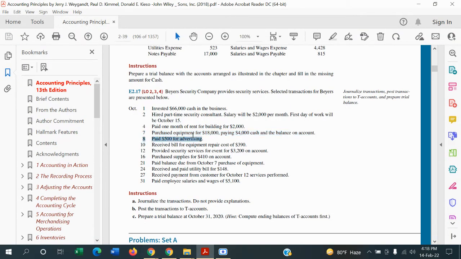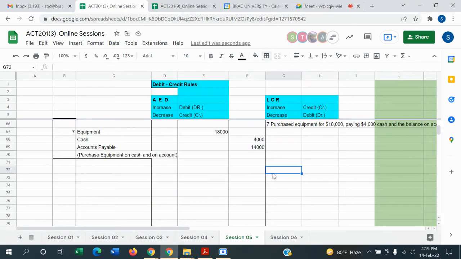Next one: paid 500 for advertising. Advertising and cash. Advertising is an expense. Cash is an asset. Expense increases, so it should be debit.